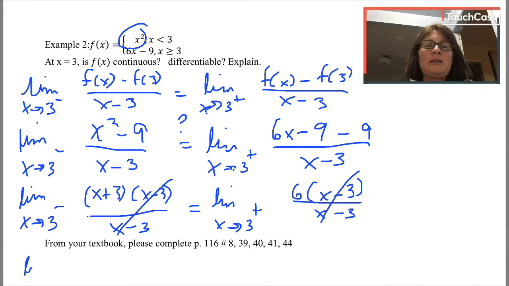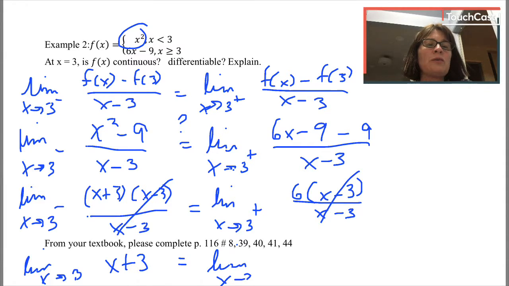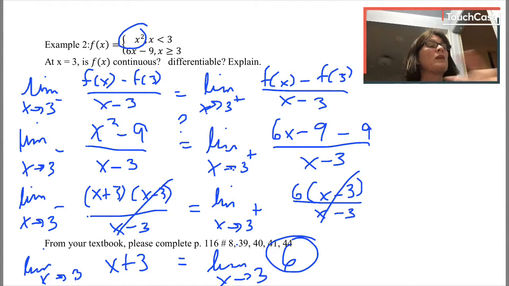So I need the limit as x goes to 3 of x plus 3 to equal the limit as x goes to 3 of 6. Well, the limit of a constant is just a constant. And if I replace this x with 3, now I'm going to get 3 plus 3 to make 6. So the derivative from the left was equal to the derivative from the right.